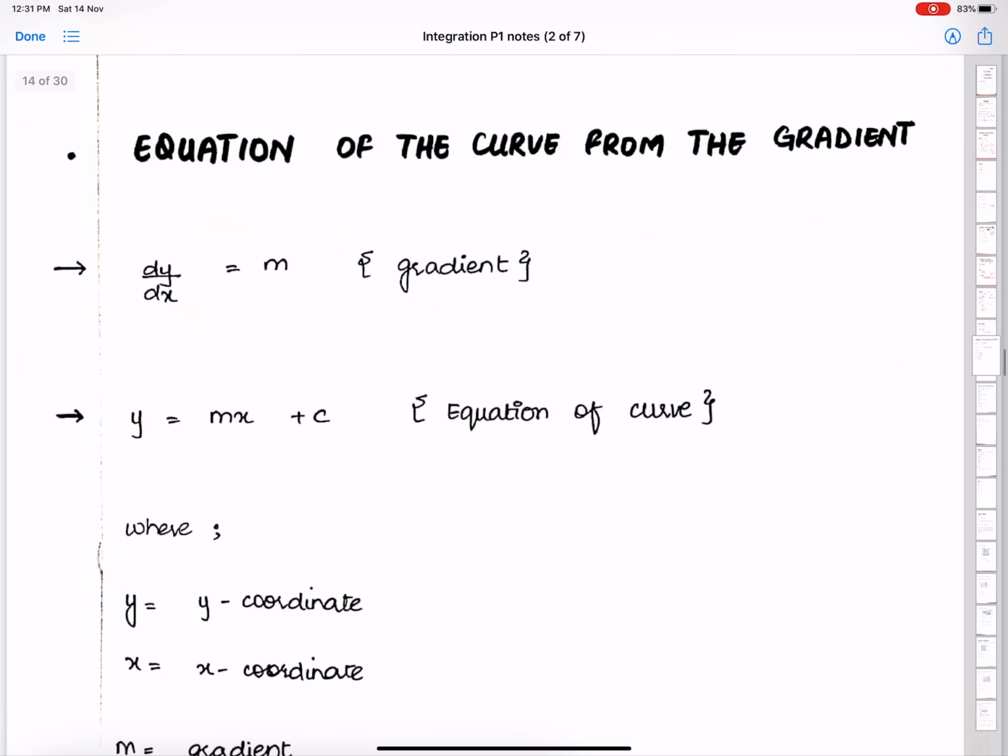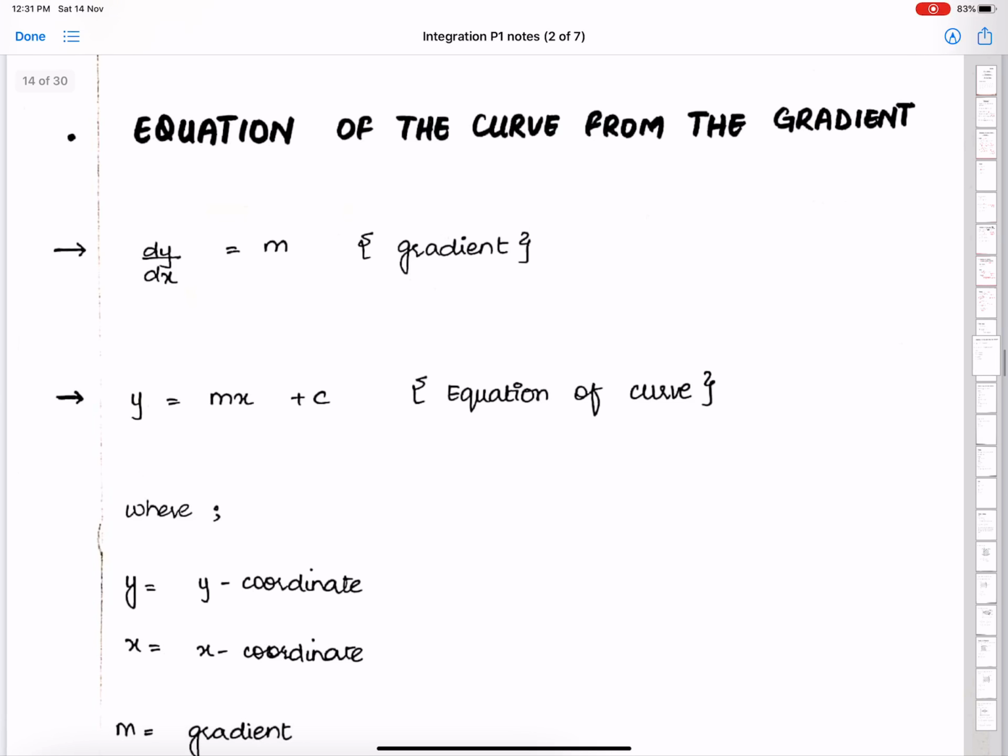Now, the equation of the curve from the gradient. That is why integration is known as the reverse process of differentiation, because in differentiation we start with the equation of the curve, and then by differentiating this equation we get the gradient of the tangent to the curve. This is differentiation.